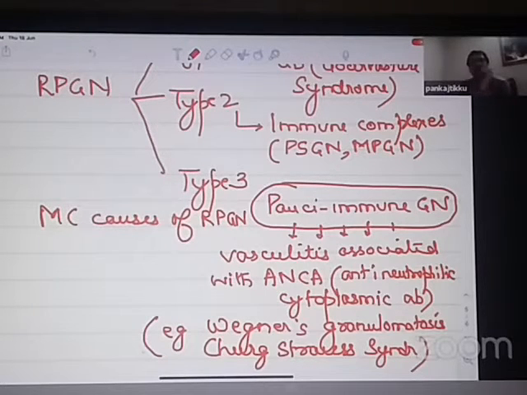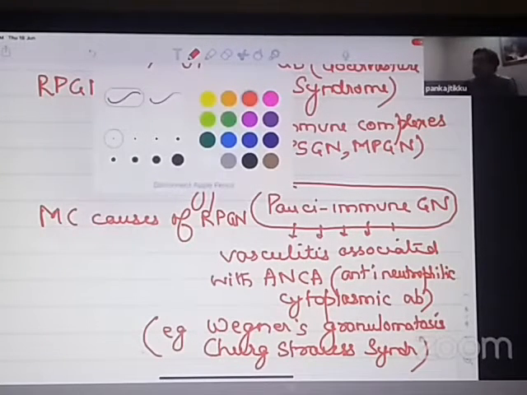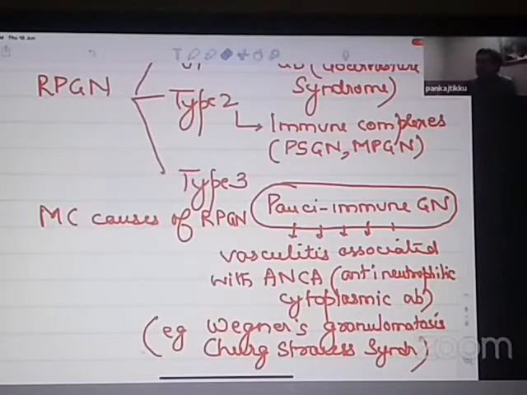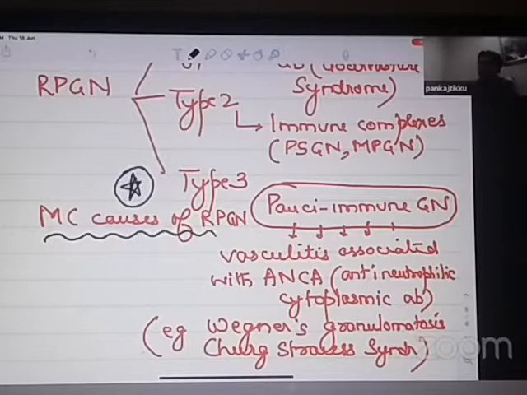Type 2 RPGN is known to follow immune complex glomerulonephritis, such as post-streptococcal glomerulonephritis or membranoproliferative glomerulonephritis. It is the type 3 RPGN which is the most common and usually results because of pauci-immune glomerulonephritis.